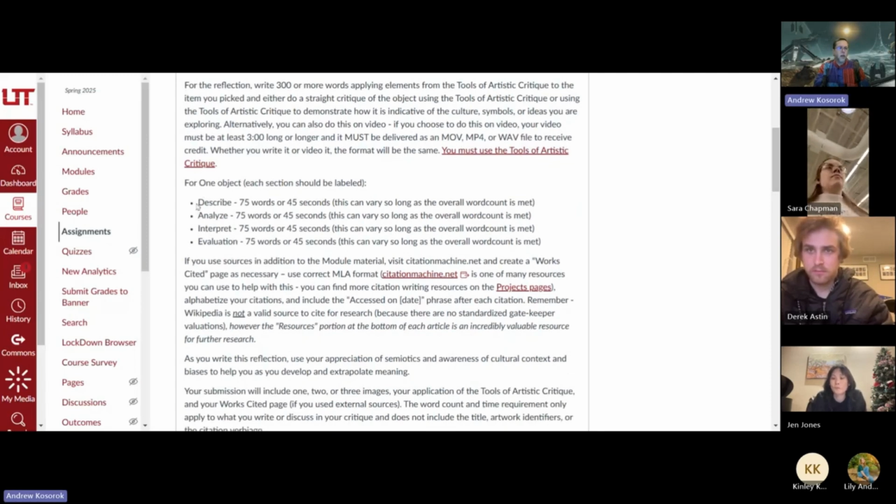If you're writing this, I would even recommend that at the head of each section, you write Describe and then either put it in bold or underline it, and then write 75 words or so where you're answering those questions. Do the same thing with the analyze section, the interpret section, and the evaluation section.